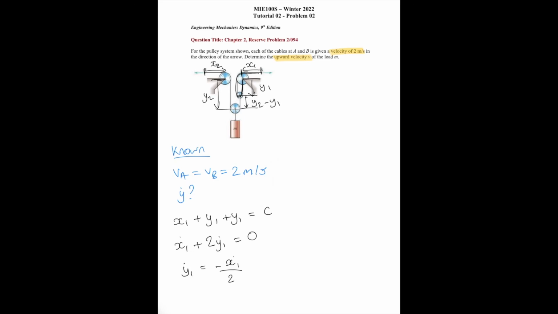Now we're going to do exactly the same thing with the cable at B. So this is going to give us x2 plus y2 plus y2 minus y1 equals a constant.